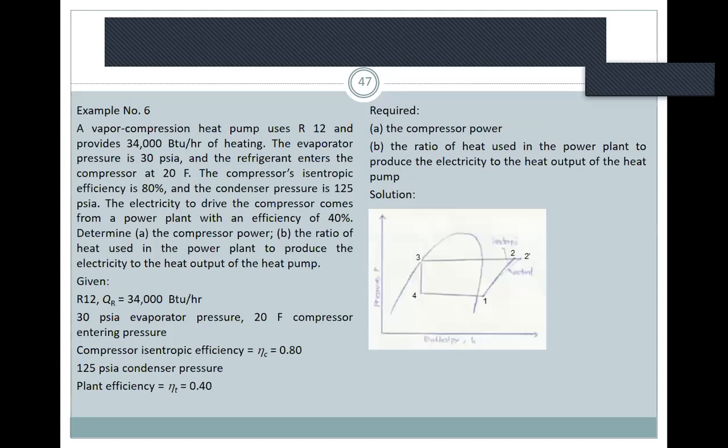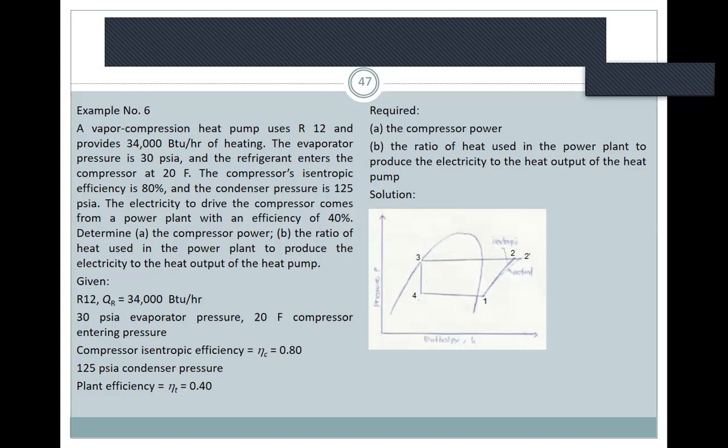Sample number 6. A vapor compression heat pump uses R12 and provides 34,000 BTU per hour of heating. The evaporator pressure is 30 psi absolute and the refrigerant enters the compressor at 20 Fahrenheit. So, English units.